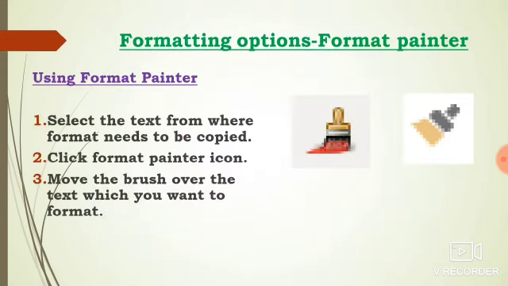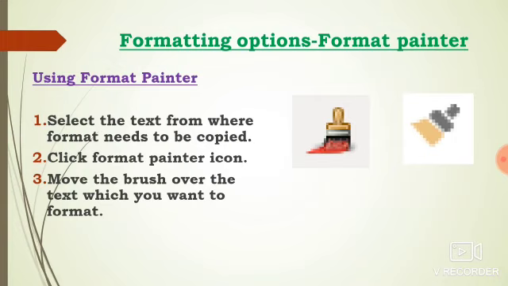Okay, so next, formatting options. Here we are going to see the format painter option. It is also the same. For example, in a line you are using bold and some other formatting options.